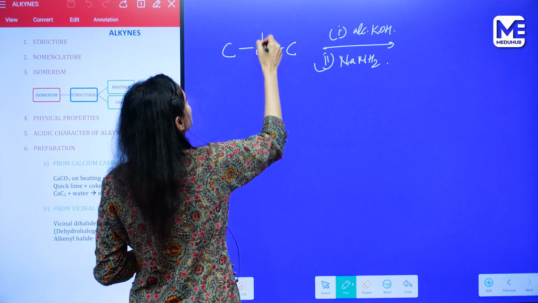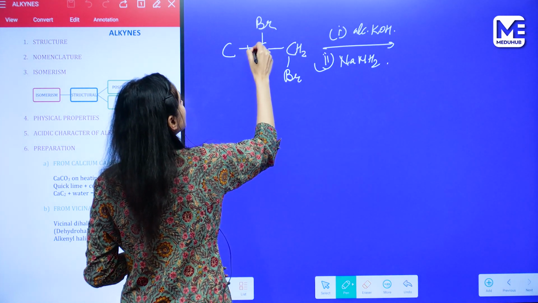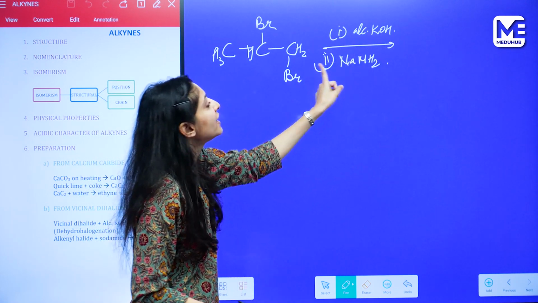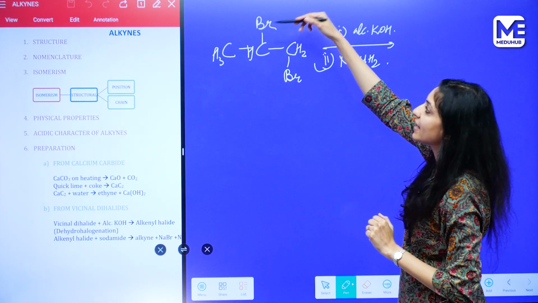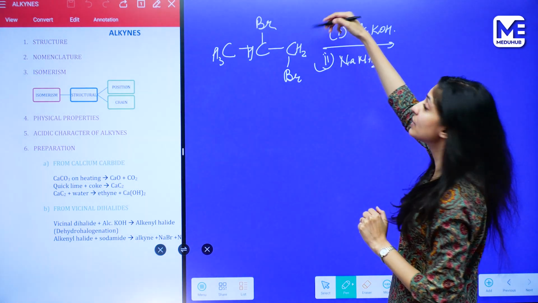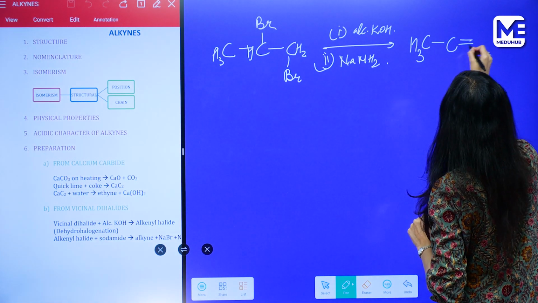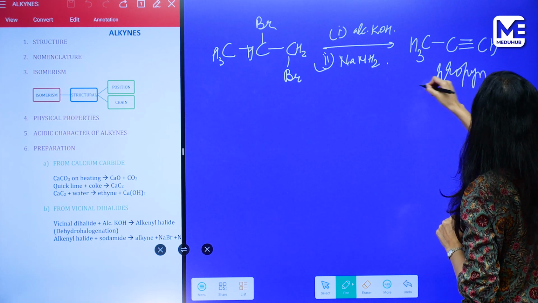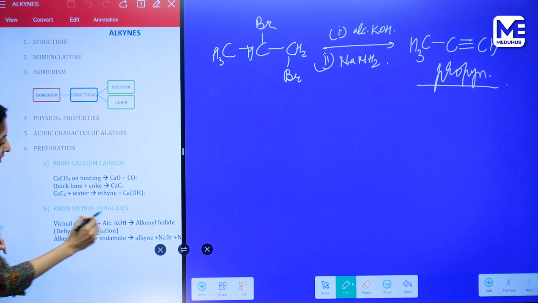We will get a dibromopropane, and we will treat it with alcoholic KOH and NaNH2. What will we get? First, dehydrohalogenation will take place and then again dehydrohalogenation will take place. Both these bromine atoms and hydrogen atoms will come out and we will get the corresponding alkyne. So this is the method for preparing alkynes from vicinal dihalides.